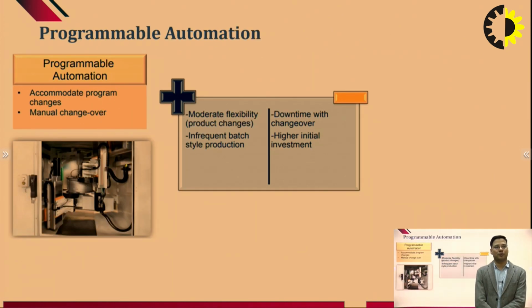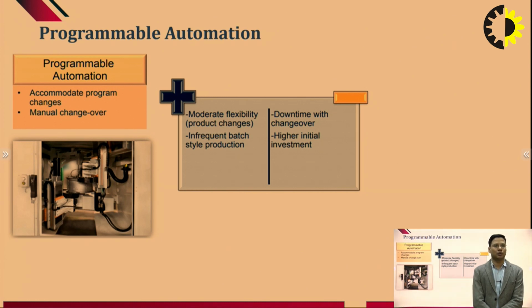When we say programmable automation, the program changes were possible, since we can change the programs depending upon the desire, and the manual changeover was provided in this programmable automation. When we talk about the advantages, there is moderate flexibility, meaning there was the facility to change the product at any point of time.